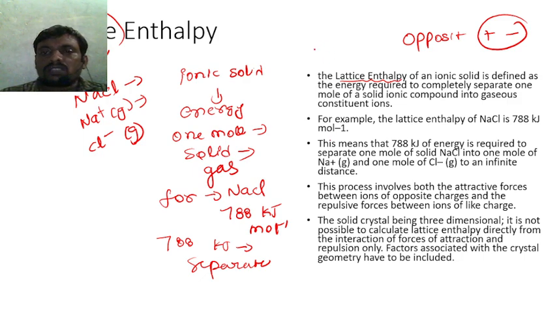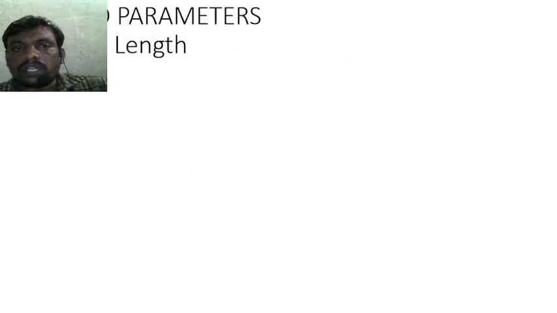So the solid crystal being 3-dimensional, it is not possible to calculate lattice enthalpy directly from the interaction of attraction and repulsion forces only. Factors associated with the crystal geometry have to be included.